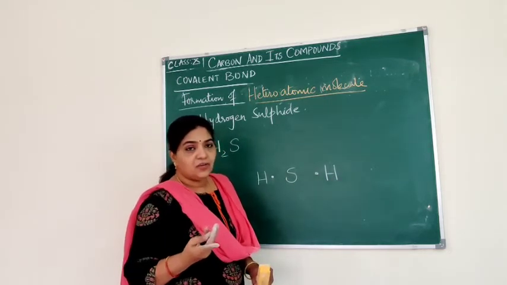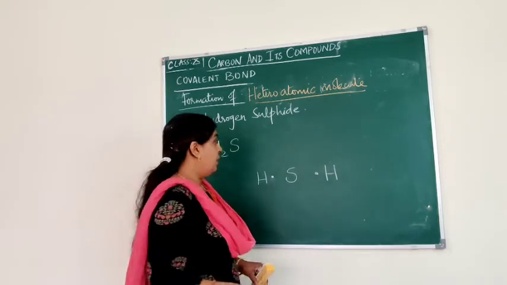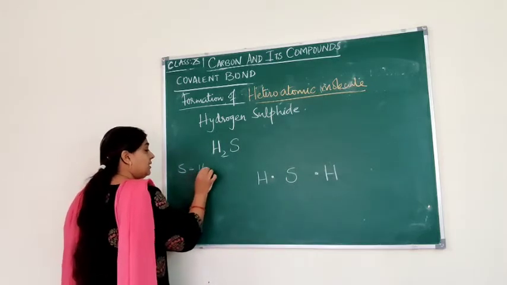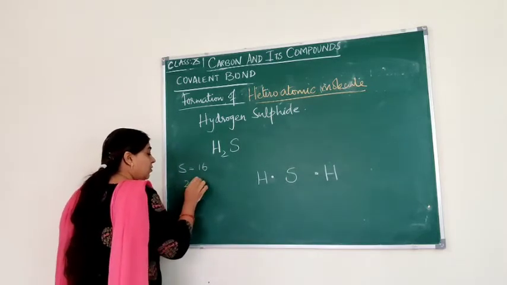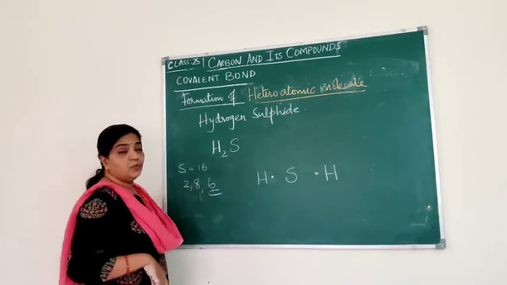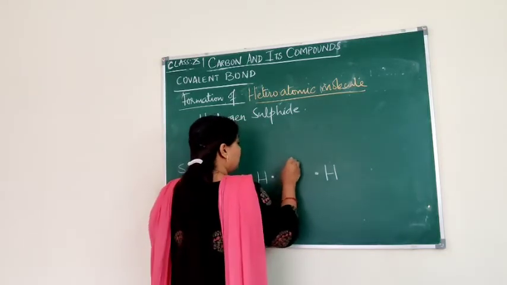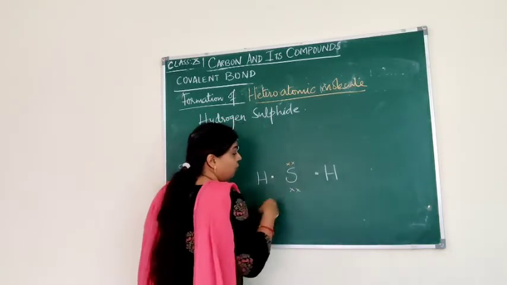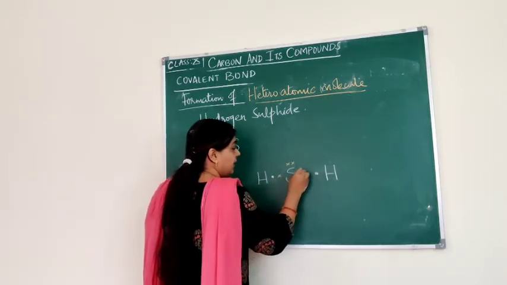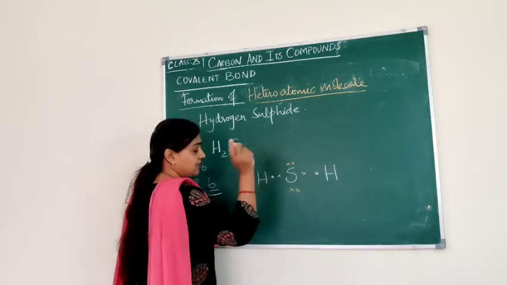So 1 electron of hydrogen and 1 electron of the other hydrogen. Now how many electrons are there in sulfur? The valence electron is 6, because sulfur's atomic number is 16. When you write the electronic configuration, 2, 8, 6, the outermost is 6. So we have to represent it: 1, 2, 3, 4, 5, 6.